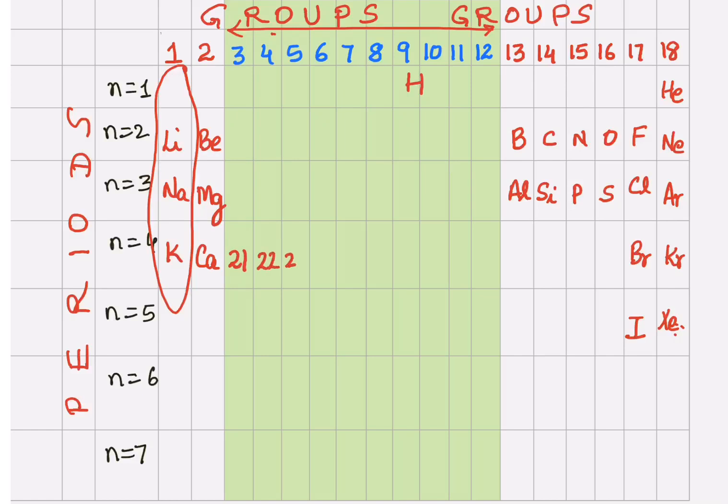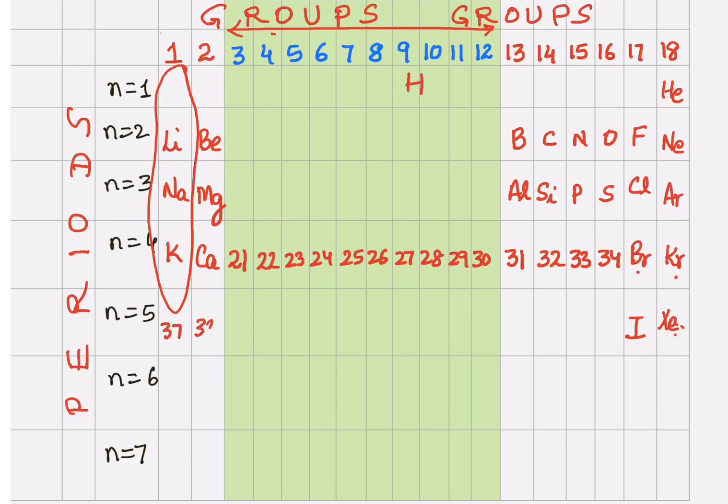Atomic number 22, 23, 24, 25, 26. Don't bother about remembering their name at present. Don't take tension. Relax. Then 31 again comes here. 32, 33, 34, 35 and 36.